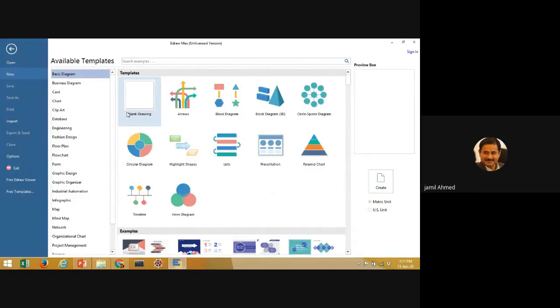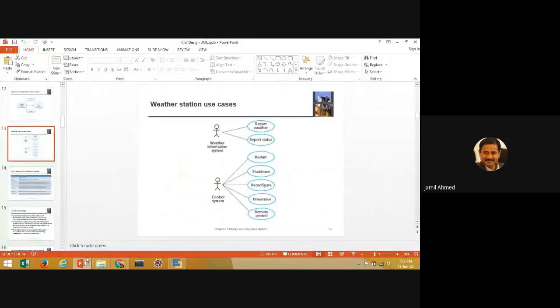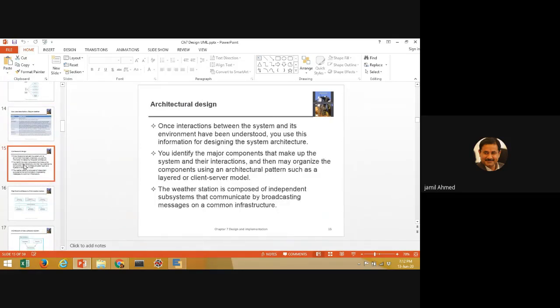So I have given you the basic introduction as well, and two of the use cases have been learned by us, and now we will see the third one: architectural design. Once interactions between the system and its environment have been understood, we use this information for designing the system architecture.